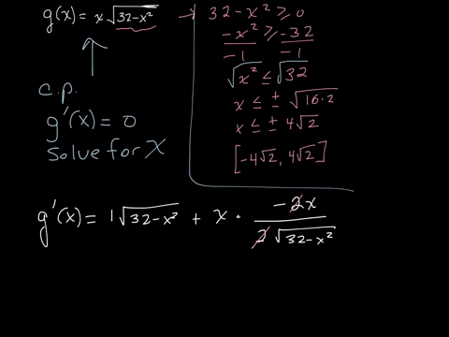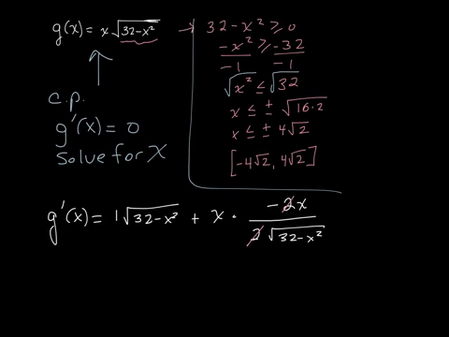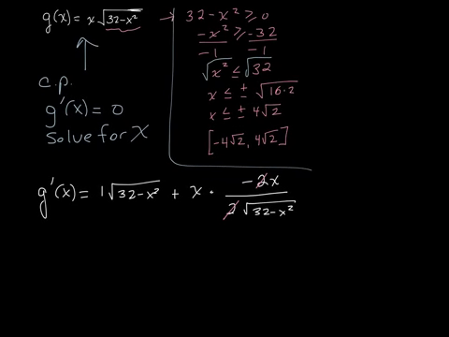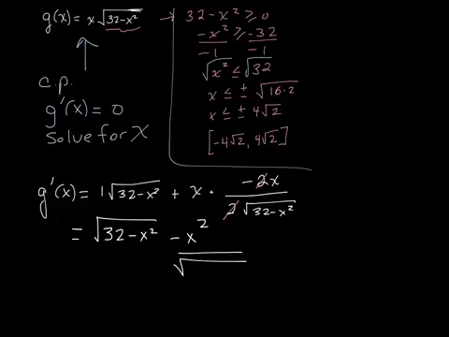I can, of course, cancel the 2's. And so from here, I end up with square root of 32 minus x squared, plus up top a minus x squared, and then on the bottom I have the square root of 32 minus x squared.